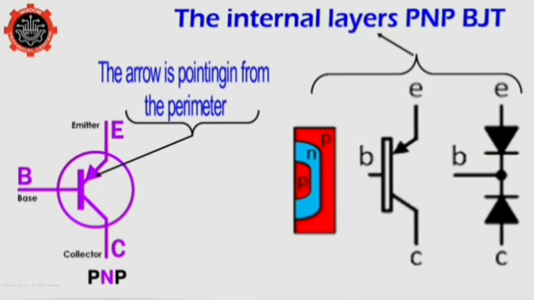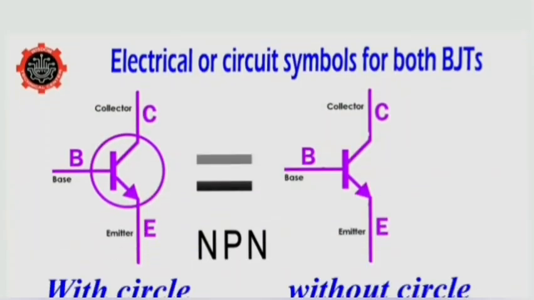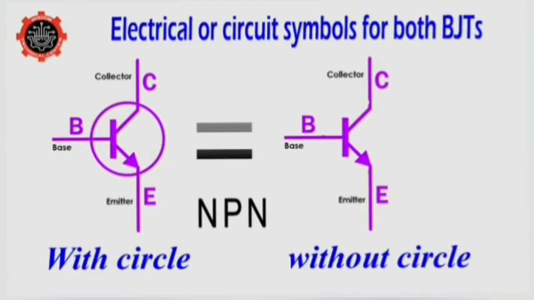Let's see how we can draw the electrical or the schematic circuit symbols for an NPN and a PNP transistor, especially when drawing circuit diagrams. Let's start with the NPN transistor.